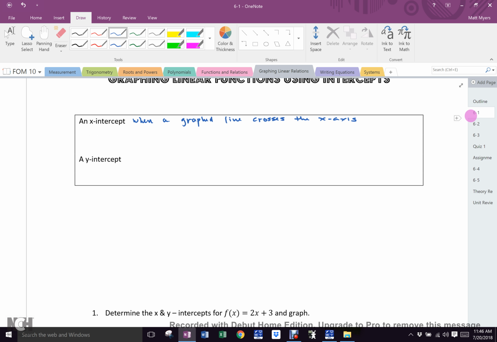Everyone agrees, right? Okay. What then is a y-intercept? When a graphed line crosses the y-axis.